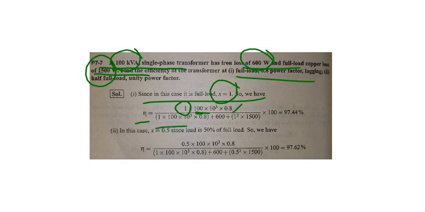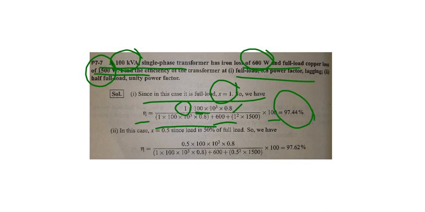In the denominator also you have 1 into 100 into 10 to the power of 3 into 0.8, that is x kVA cos theta 2, plus iron losses given to be 600 watts, plus copper losses, x square into full load copper loss, that is 1500. If you simplify and multiply by 100, you will get the efficiency as 97.44.